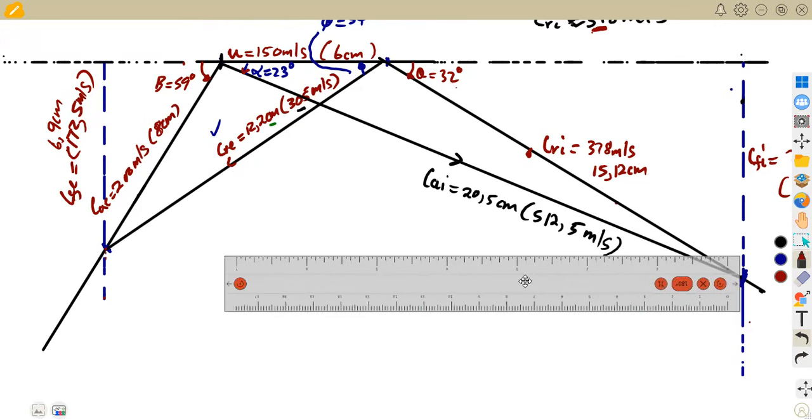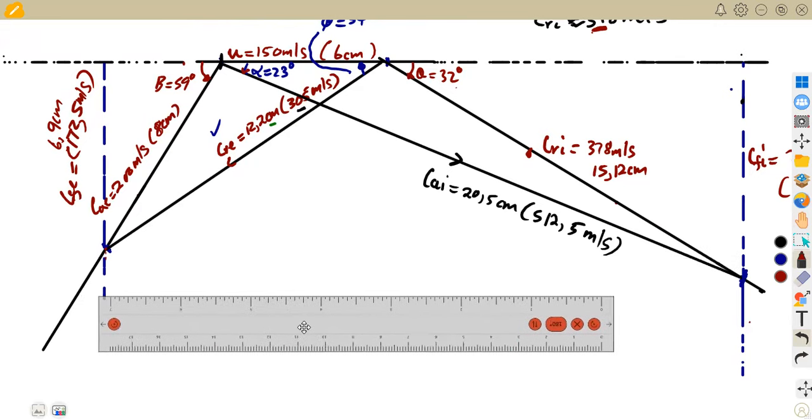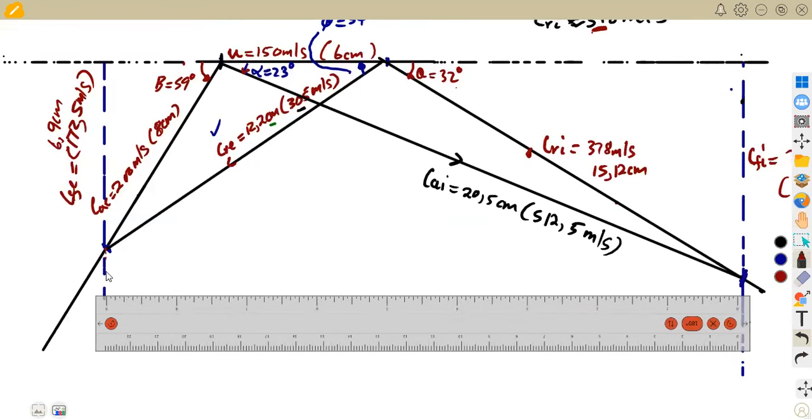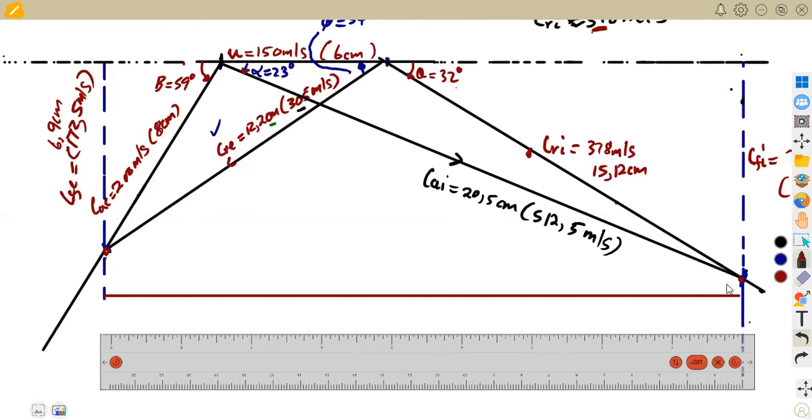So that is the wheel velocity in this case, the whole of this length from the input to the end. So this whole distance in between here is our wheel velocity.